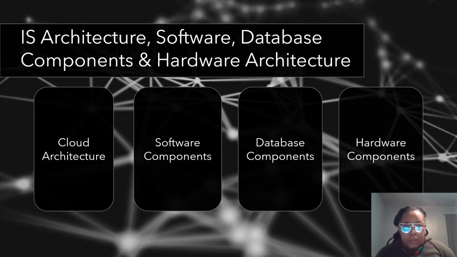So it's known for its low entry costs, device independency, as well as location independency. So once you're dealing with the cloud, you don't necessarily have to have an on-site server.